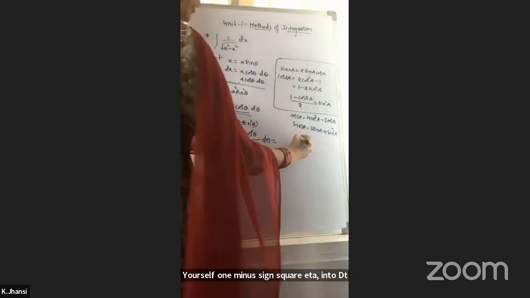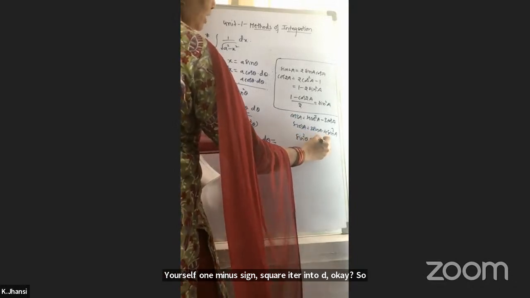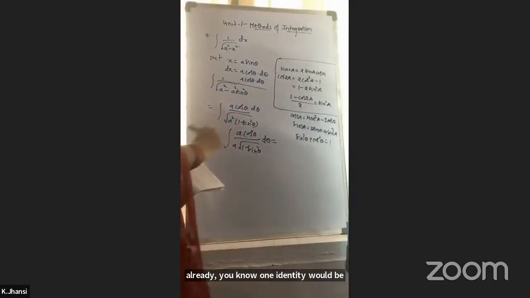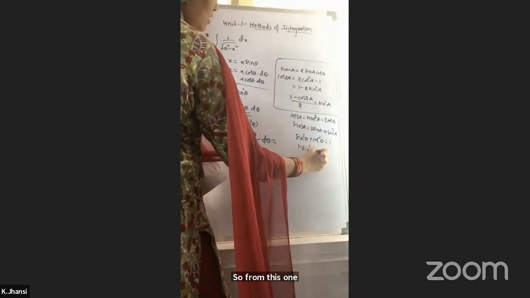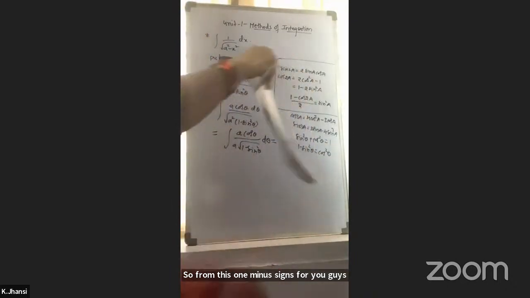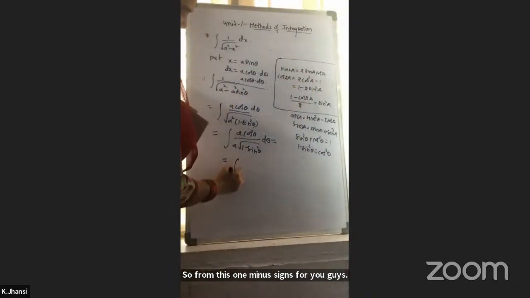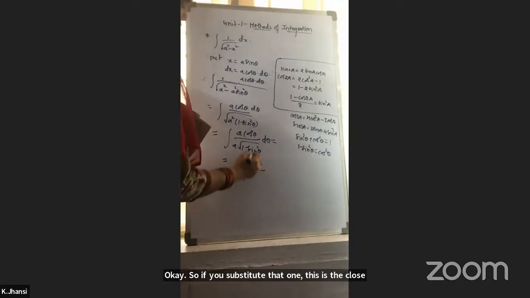Okay. So already you know one identity, that is sin square theta plus cos square theta is equals to 1. So from this, 1 minus sin square theta is cos square theta.